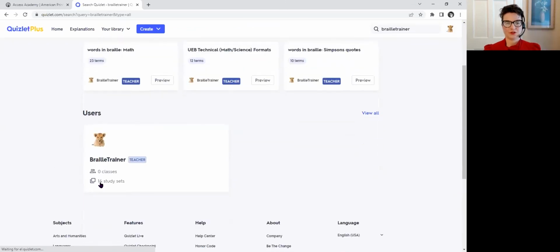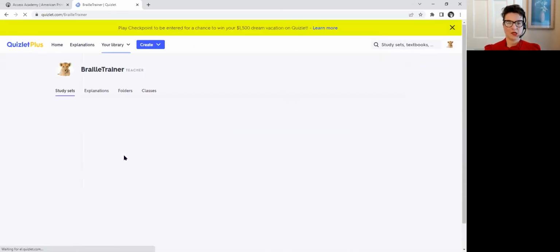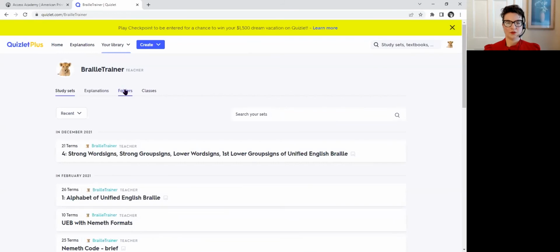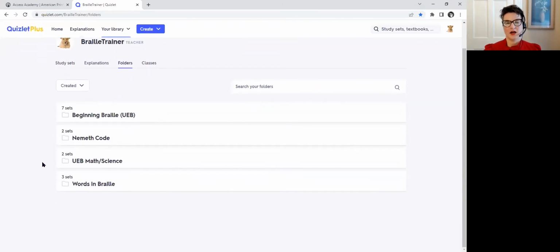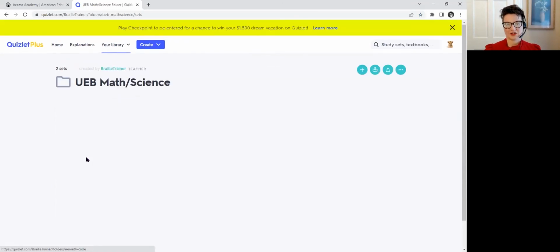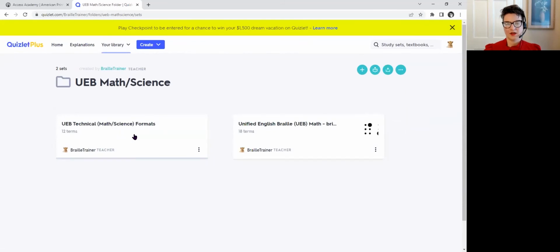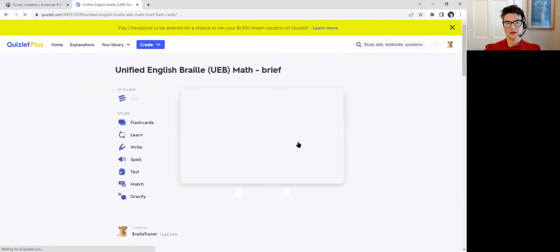Then under users, you should find me. And if you go to the view, not study sets, but folders, those study sets are organized into categories, one of which is UEB Math/Science. There's some notes about BANA recommended formats in one set, and then a bunch of symbols in another set.